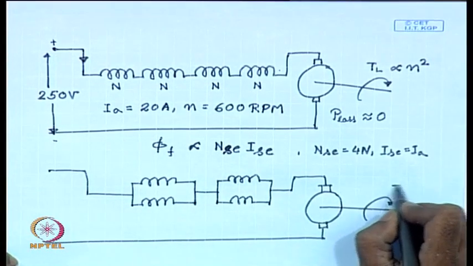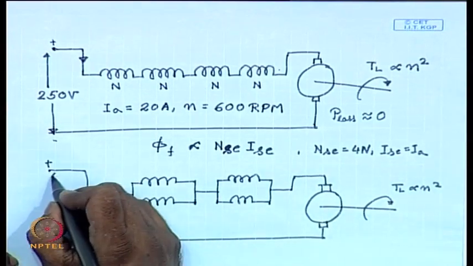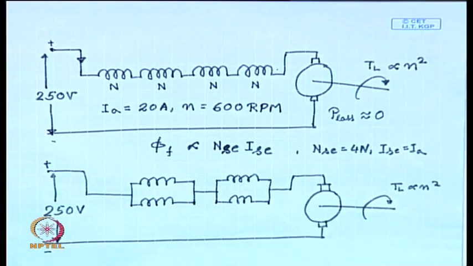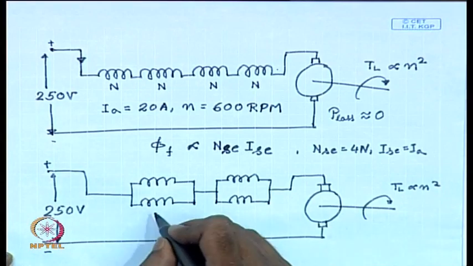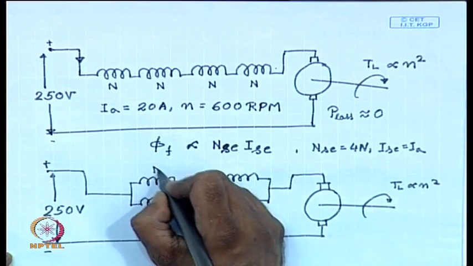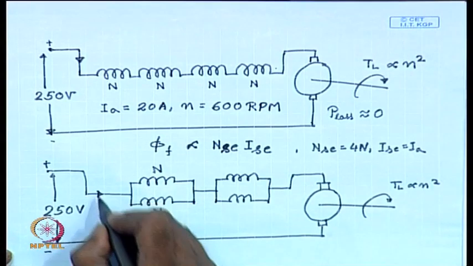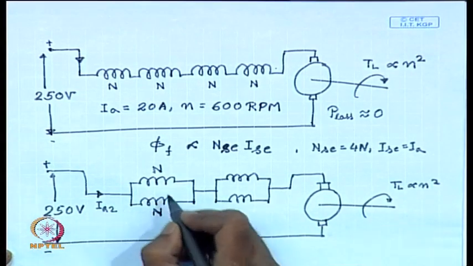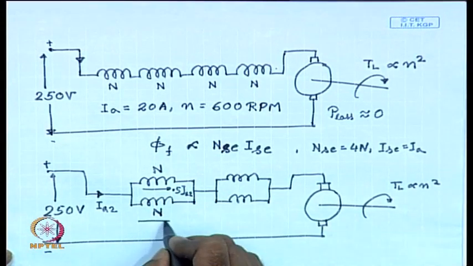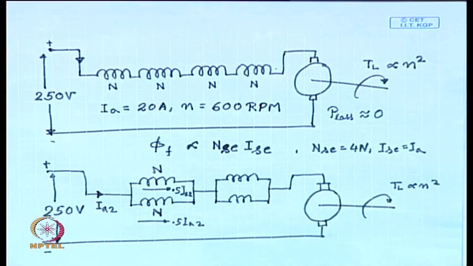With the same load torque, find out what will be the armature current and the speed in this case.